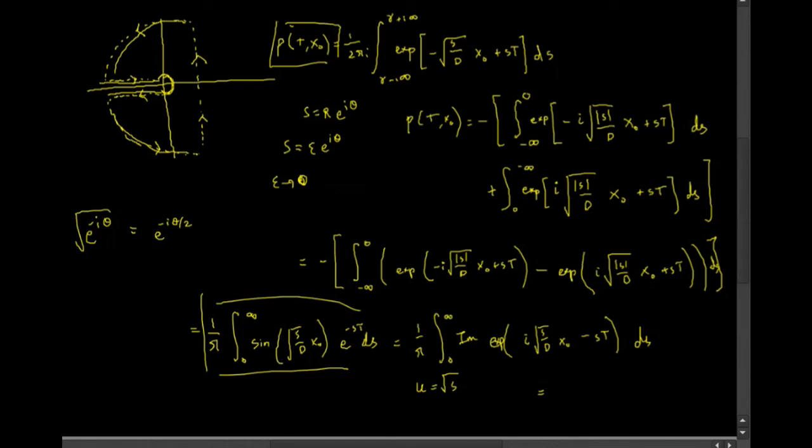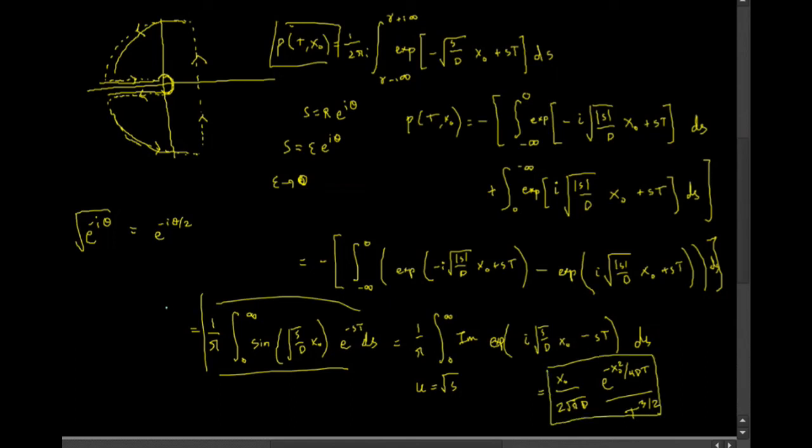Once we do this, and we take the imaginary part, the answer that we get is x naught over 2 square root pi d, e to the minus x naught squared over 4 dt, over t to the 3 halves. And this is our final answer.